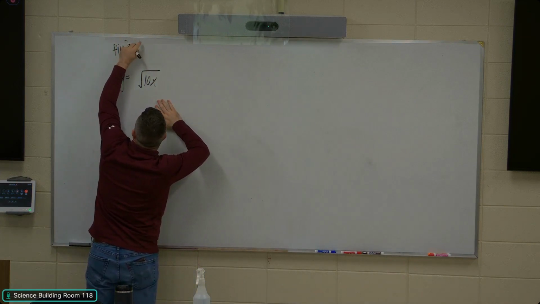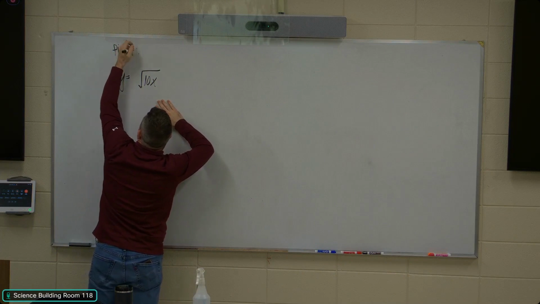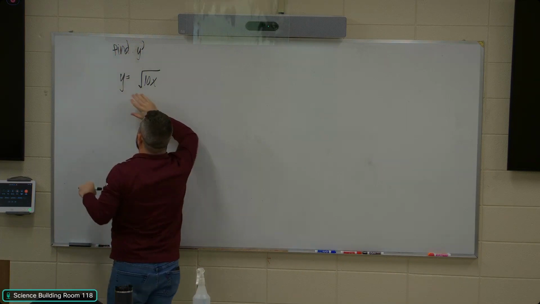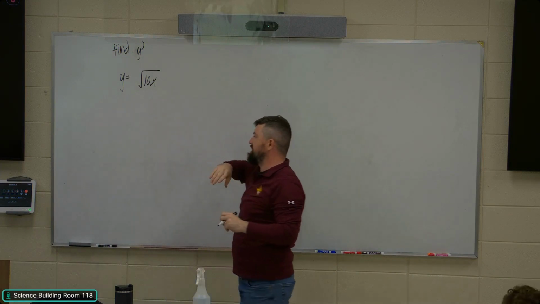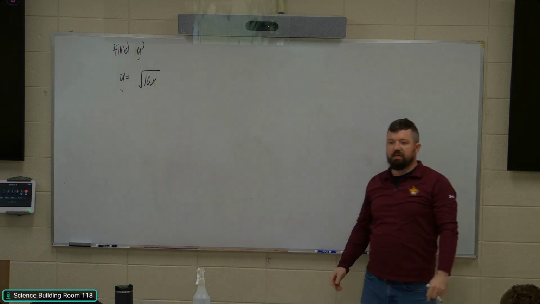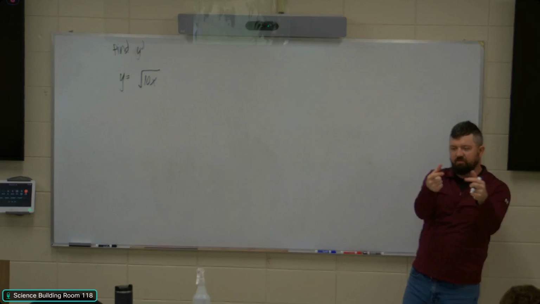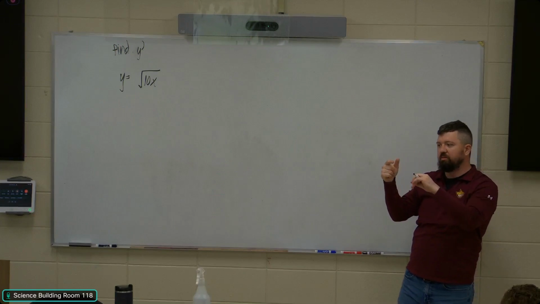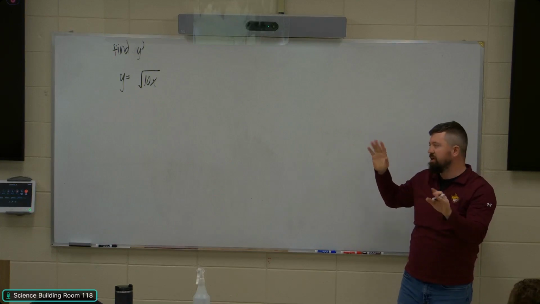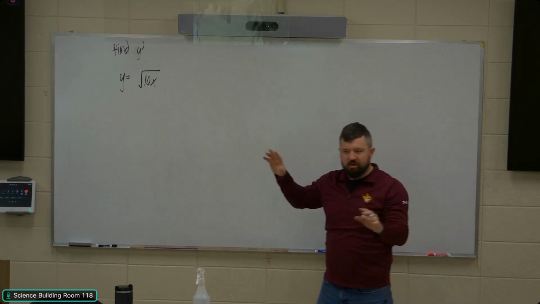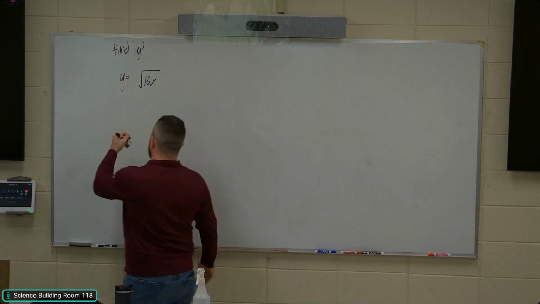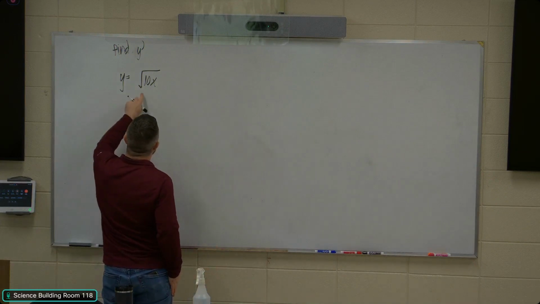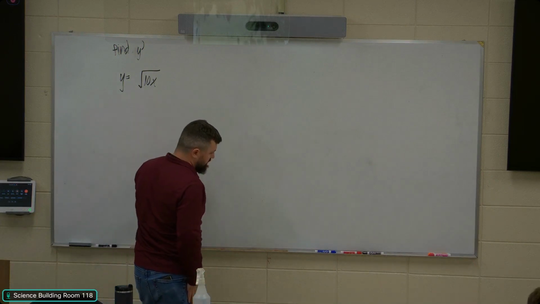So it's saying find y prime when your y is the square root of 10x. That thing I was going to do is something that we could have done on our phone, and you would be able to scratch what the answer is, or scratch the first step, and no one would know who did it, and I could see it. Anyway, whatever.